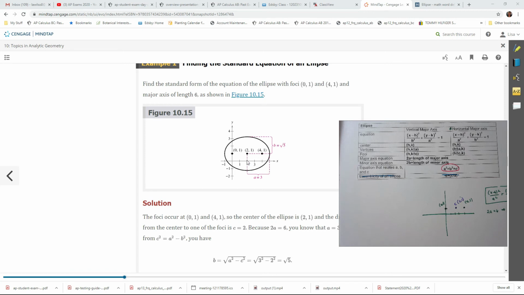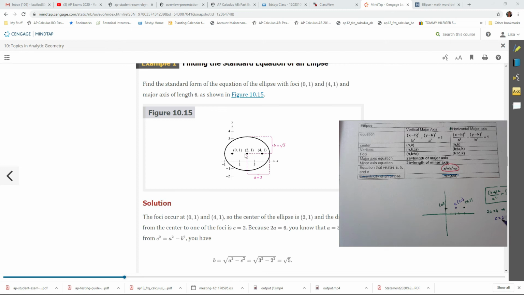So this distance right here is your c. This is a horizontal distance, so if you do 4 minus 2, subtracting those x-coordinates, you get 2. So c is equal to 2.